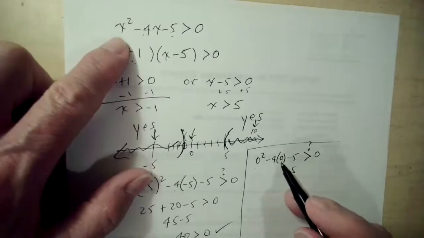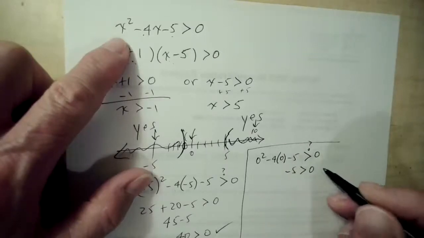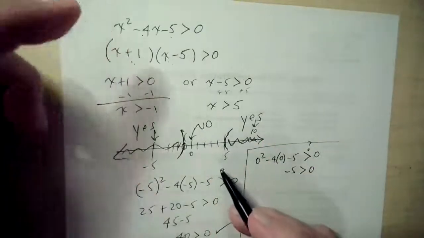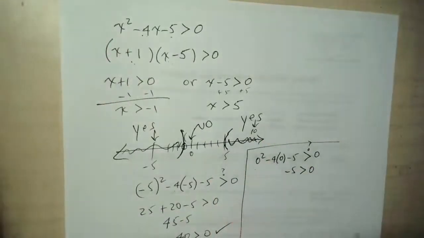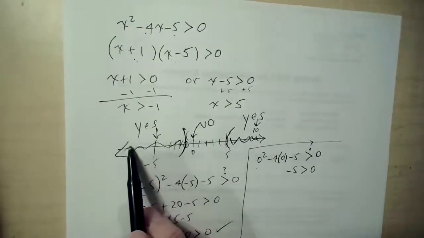Is that greater than 0? 0, 0 is negative 5. Okay, everybody see all this is 0? Is negative 5 greater than 0? No. So this is not in our area.